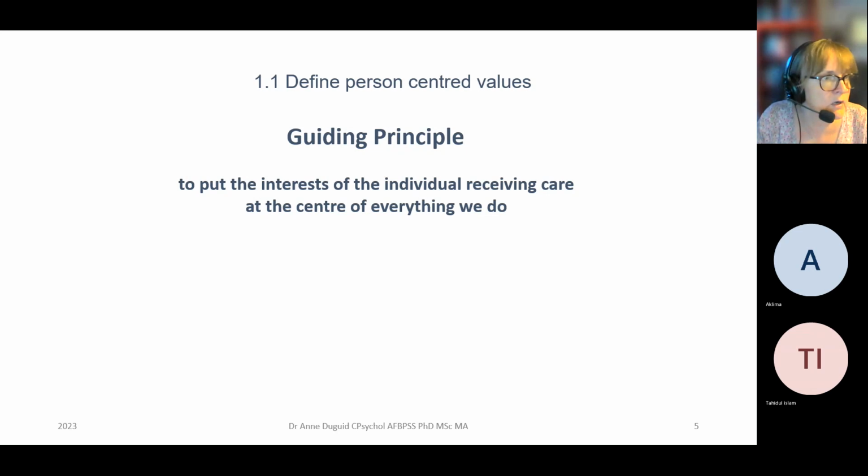So, if we know somebody has a particular religion, and we know that means they can only eat certain types of foods, or they cannot eat certain types of foods, then we make sure that what we do within the care that we provide is mindful of that, and that's at the center of all of the planning we do.